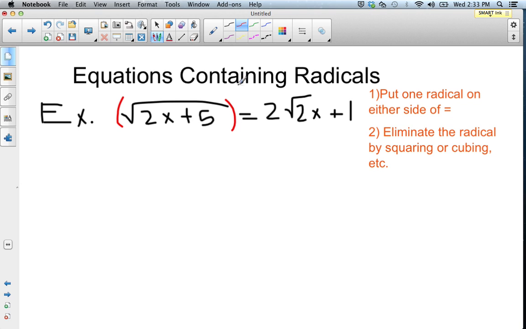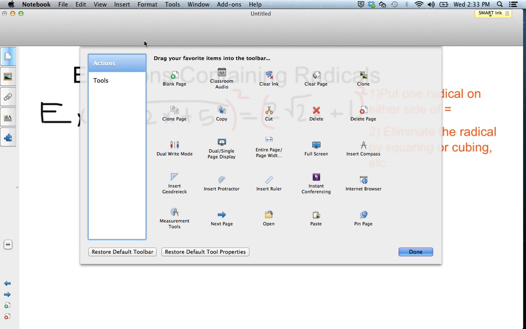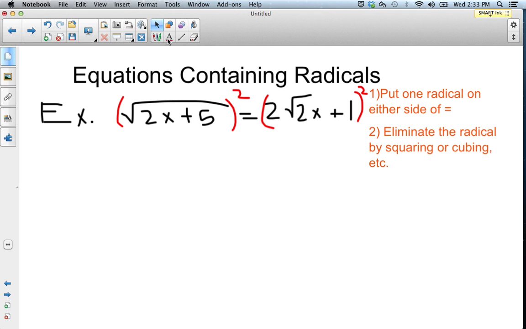And I don't technically need parentheses, I'm going to put them anyways. I'm going to square that, and I have to square the right side. Now the left side is easy because the square and the square root cancel each other. And so I just have 2x plus 5.